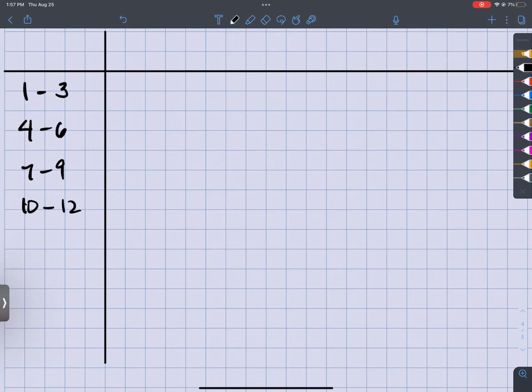Sure. And it wants you to make it into 5 categories, right? So how many ages would be in each category? From 18 to 38 would be 20, right? And if it wants 5 classes, then I would have to have 4 ages in each class, right? Does that make sense?